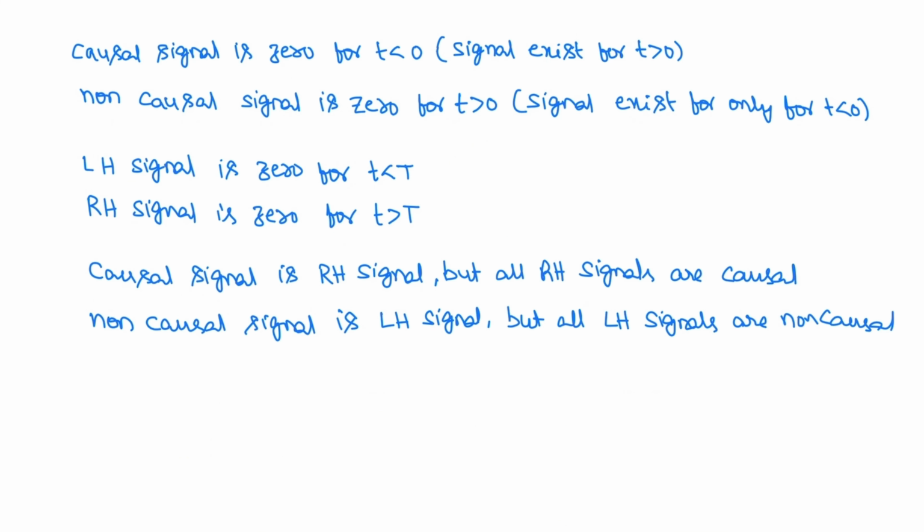For a causal signal, the signal is 0 for t less than 0. That is a right-handed signal, but not all right-handed signals are causal. So this is a right-handed signal.